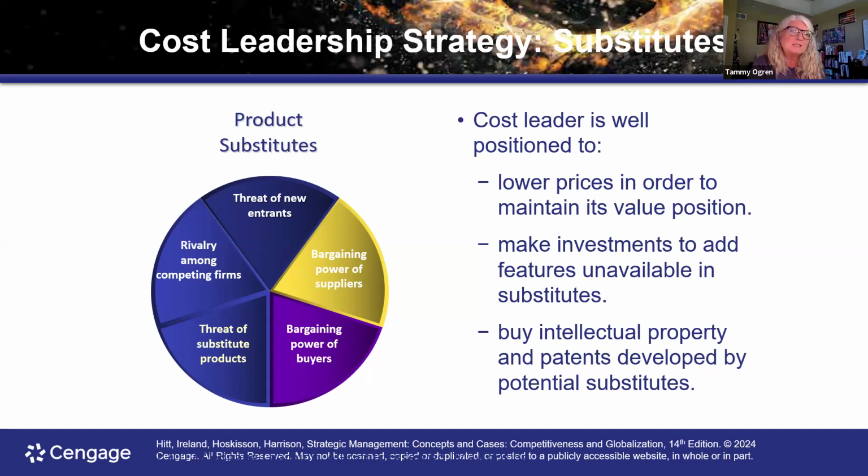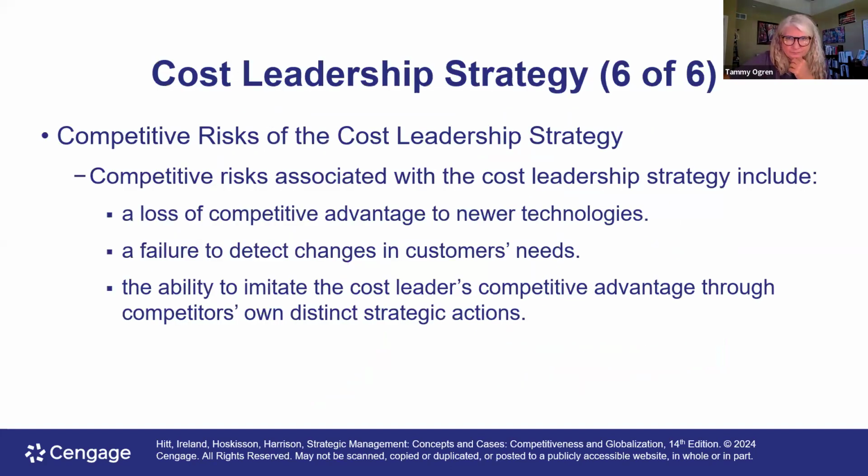So any investments that someone can make to add features that aren't available to our substitutes is a strategy that helps us to kind of downplay that. So cost leadership strategies really are about the risks involved have to do with how much money we can save and how to stay in that low cost space. So next we're going to talk about differentiation strategies.